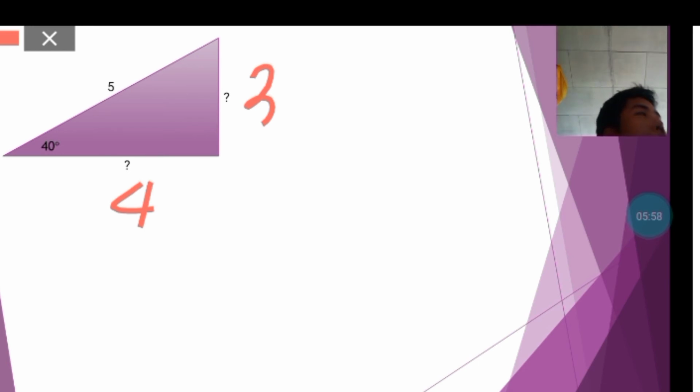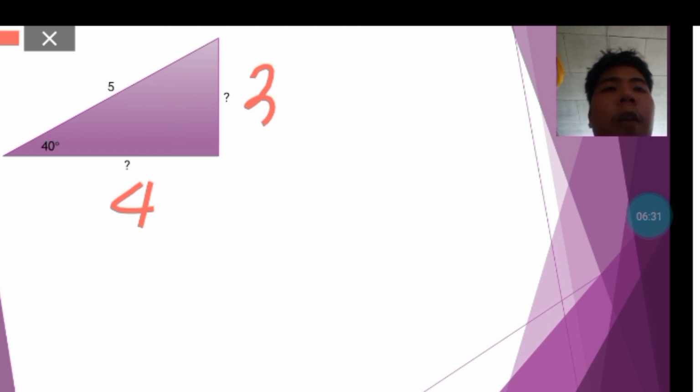In finding the sides of a triangle with a missing part, always remember to think what trigonometric function could be used: sine, cosine, or tangent. It depends on what side is available.